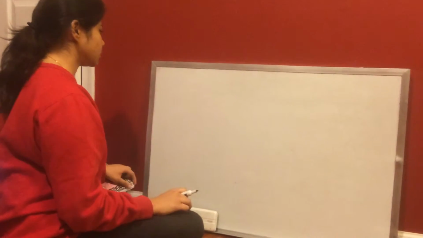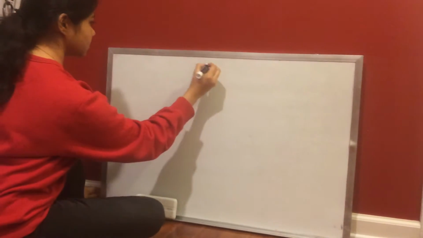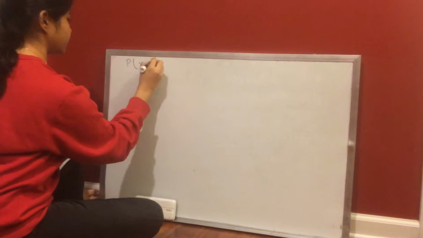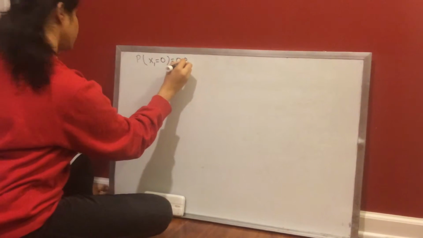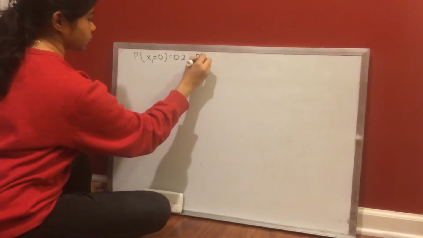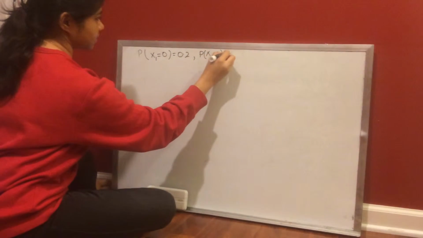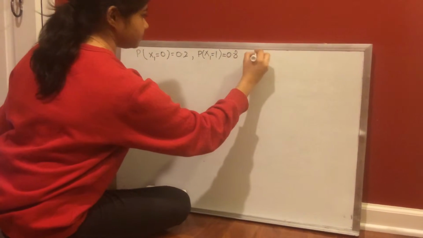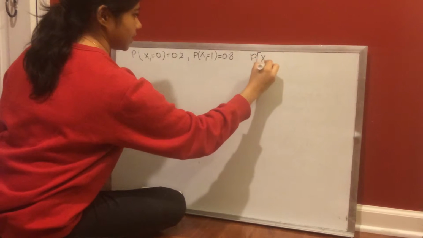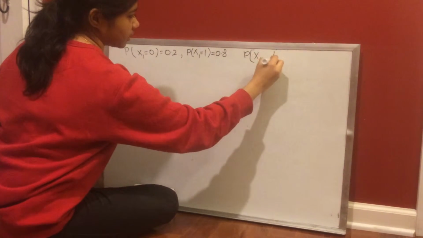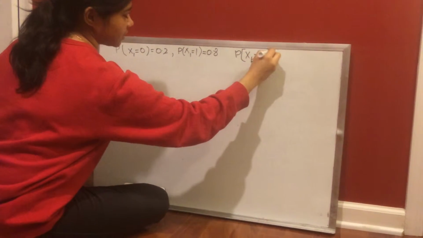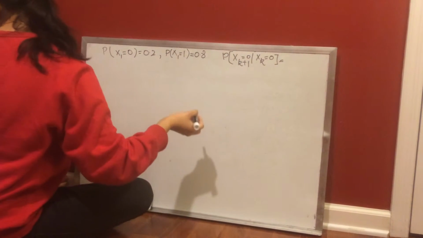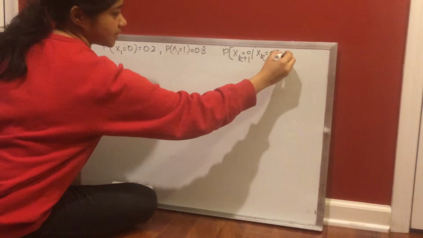In the question we are given that probability of x1 equals 0 is 0.2. Probability of x1 equals 1 is 0.8. Probability of xk plus 1 equals 0 given that xk equals 0 is 0.6.